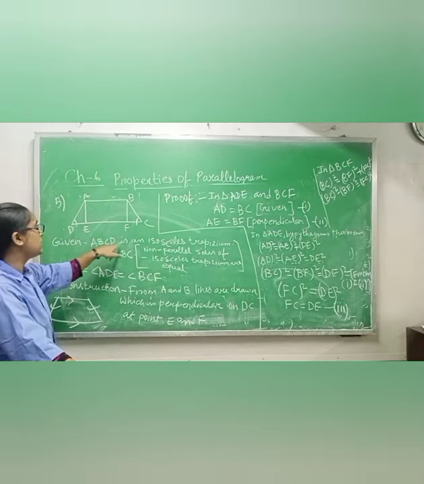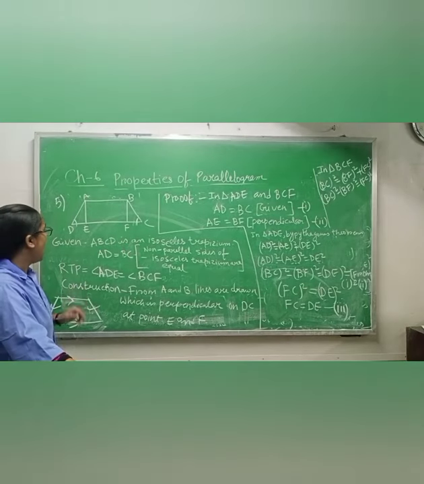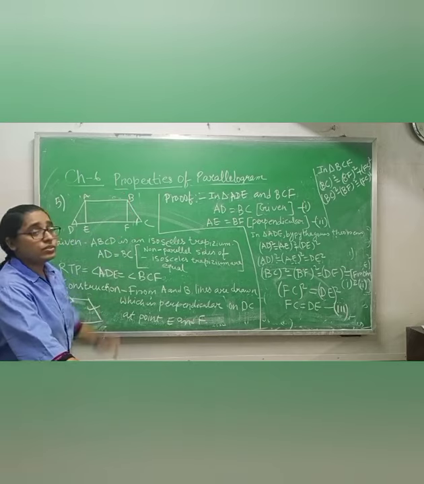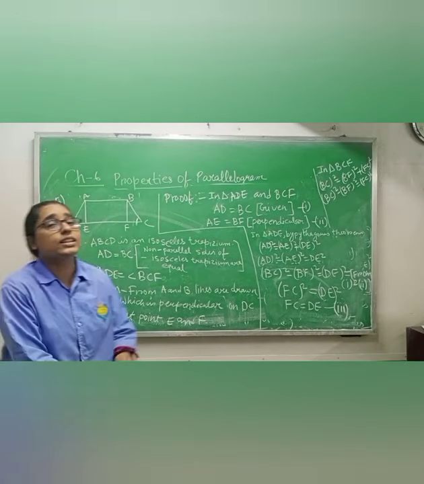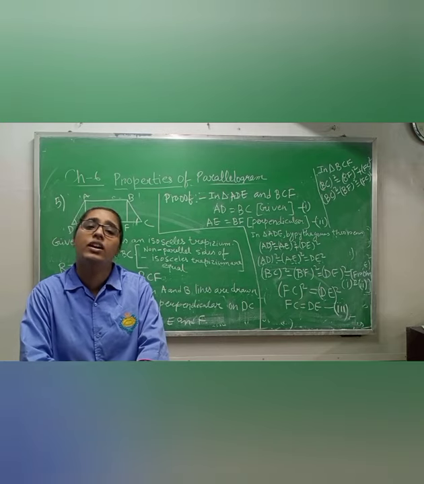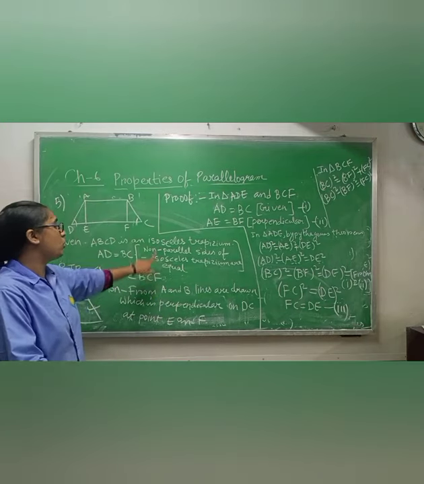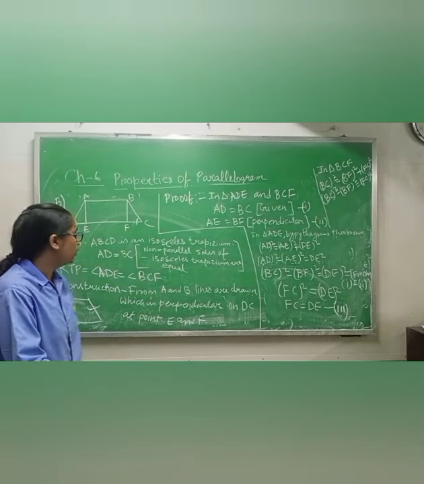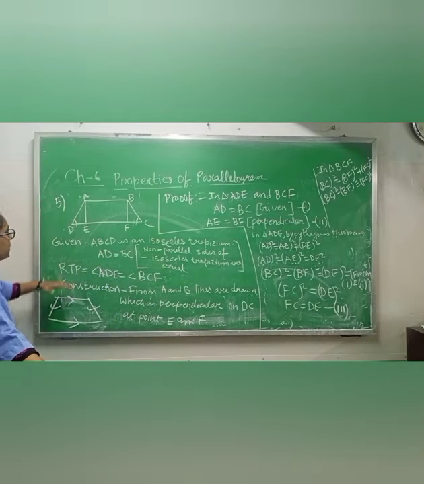That is why I have written ABCD is an isosceles trapezium. After this, AD equals BC. Why are these both equal? Because it is an isosceles trapezium, and in an isosceles trapezium the non-parallel sides are equal. I have written the reason also: non-parallel sides of an isosceles trapezium are equal.